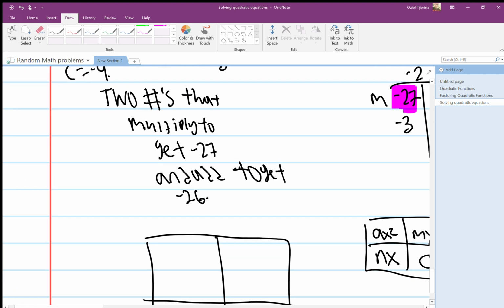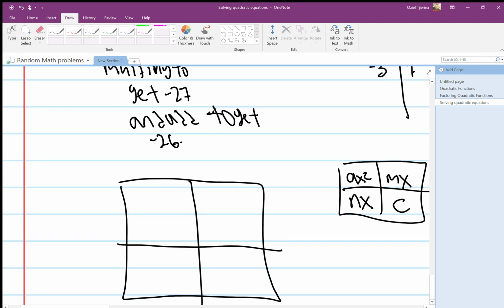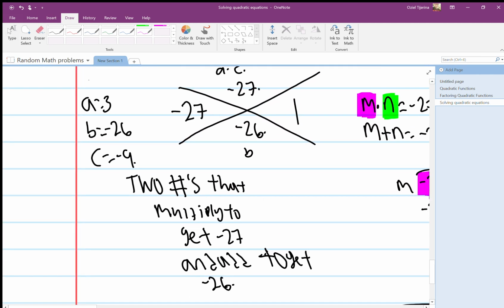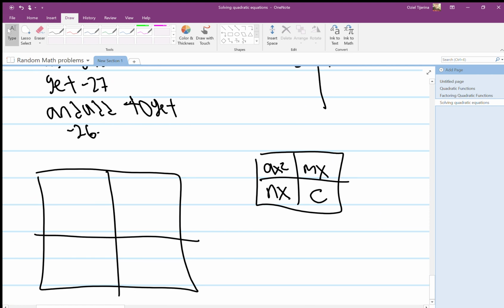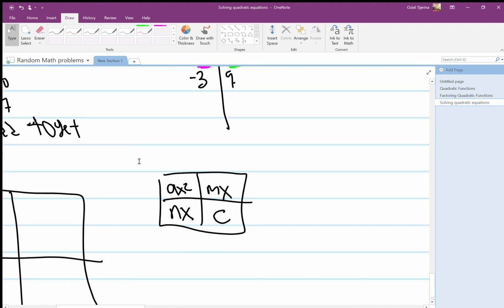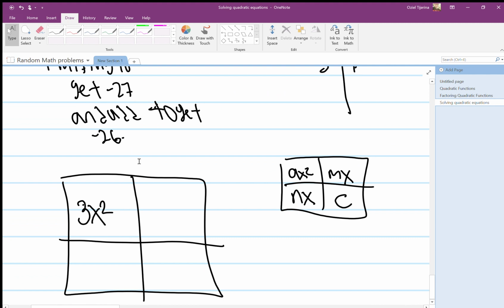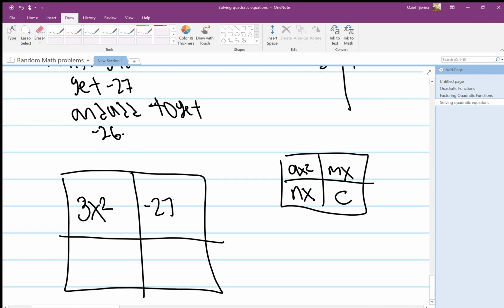According to our equation, our a is equal to 3. Okay, we have it right here. A equals 3. So we're gonna put 3x squared over here. Okay. If we look at our first term, negative 27, we can put negative 27x right here.